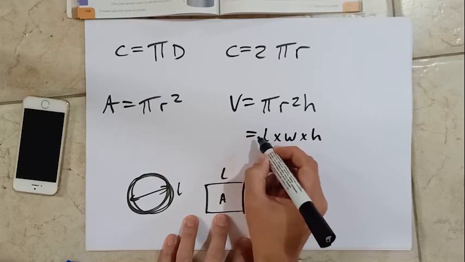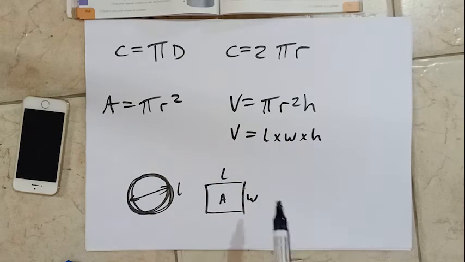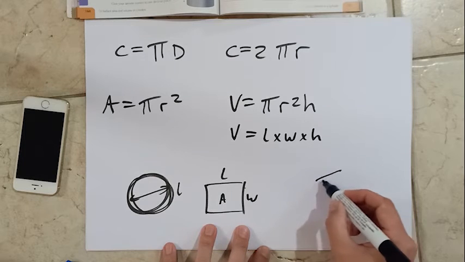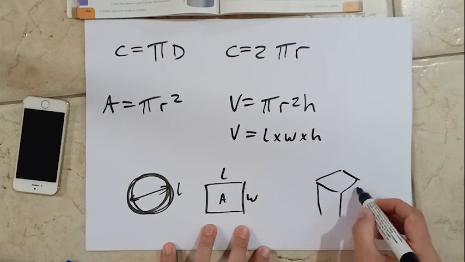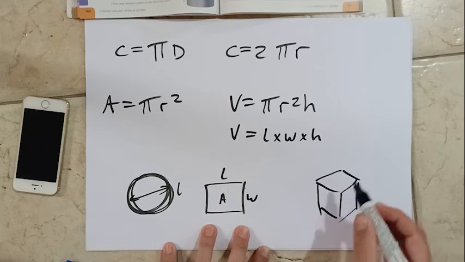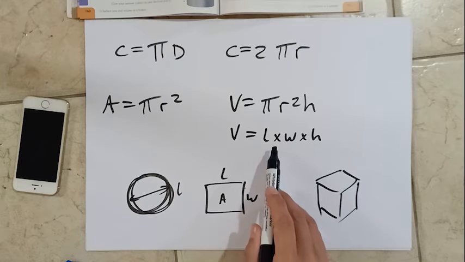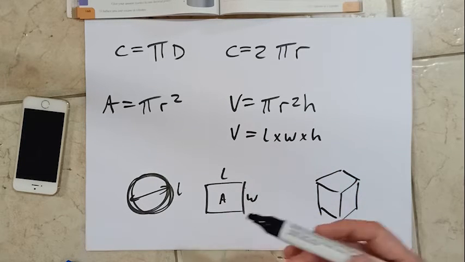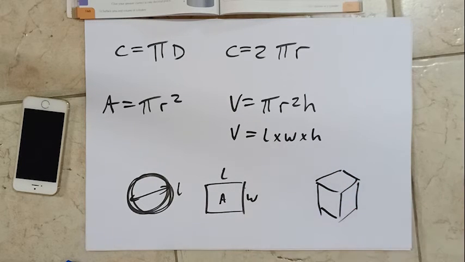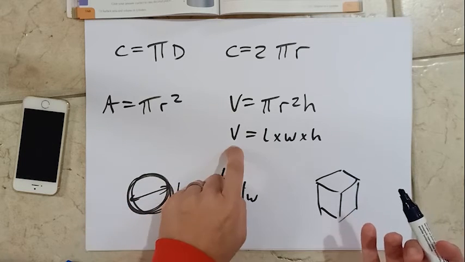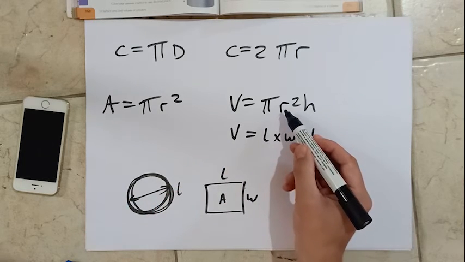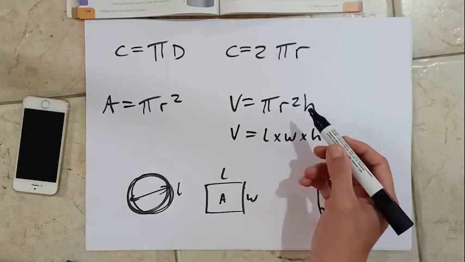Here's another formula for a volume. How do we know? So length times width times height. That's the formula for a volume of a cuboid. So it's 3 lengths, which gives us a 3-dimensional thing. 3 dimensions, it's a volume. And here we have radius times radius. That's a length times a length.